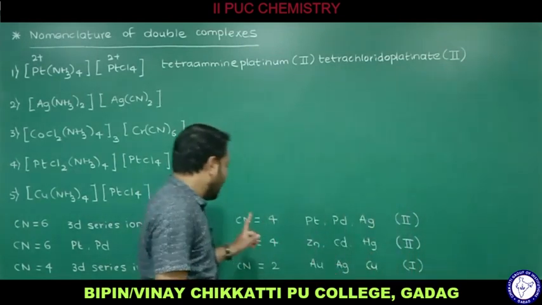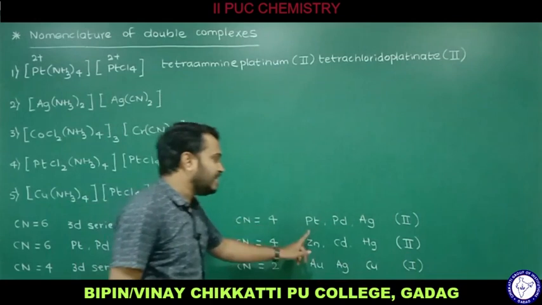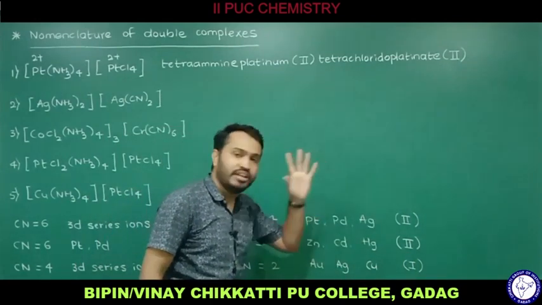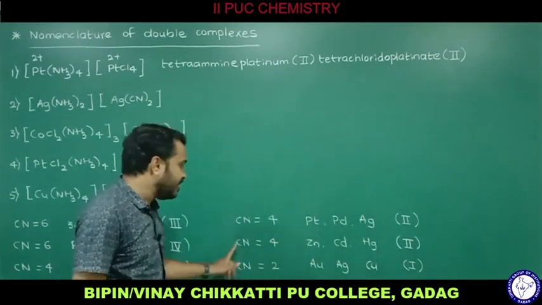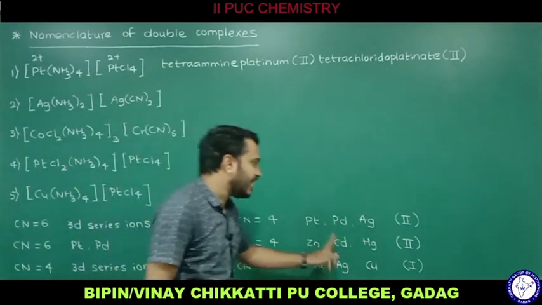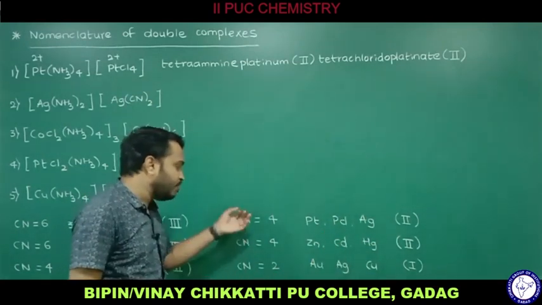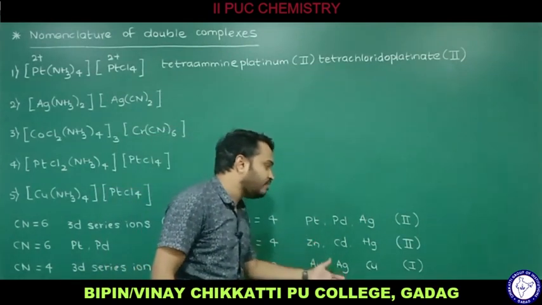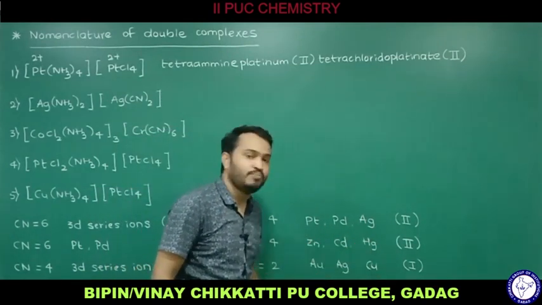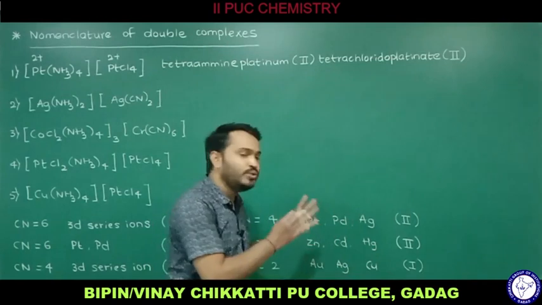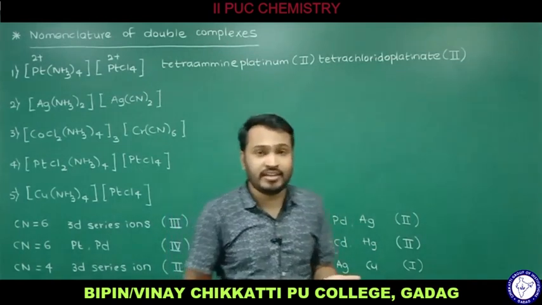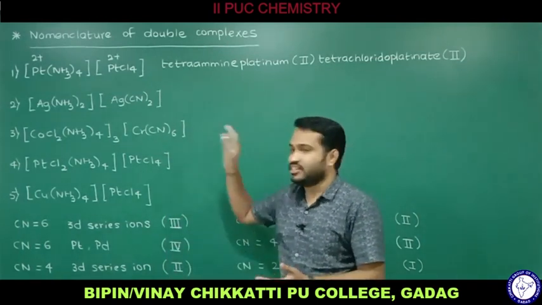If we have coordination number 4 with platinum, palladium, silver, the oxidation number would be 2, and for coordination number 2 we have zinc, cadmium, mercury, the oxidation state should be 2 here. If the coordination number is 2 with gold, silver and copper, the oxidation number would be 1. So if you know this, without following the hit and trial method, we can write the oxidation number of that.